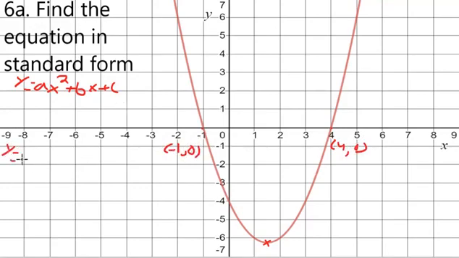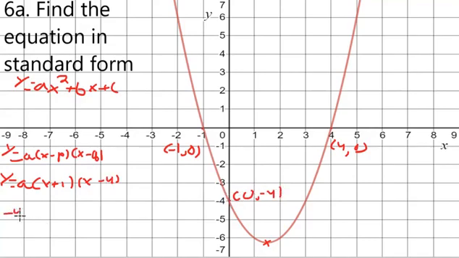Intercept form is y equals a times x minus p times x minus q, where p and q refer to the roots. So if I have negative 1 and 4, we know y equals a times x plus 1 times x minus 4. Now we just need to figure out a. I'm going to pick a point algebraically, which is (0, -4).